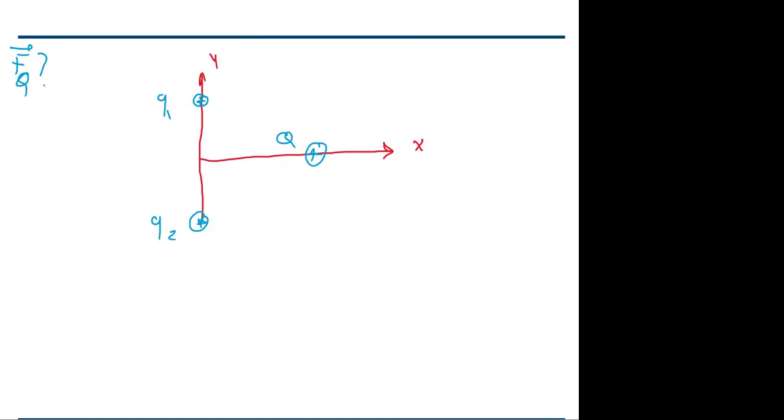Let's start step by step. As we said before, Q1 exerts a force on capital Q. This force is repulsive because the two charges are positive. So this is the force exerted by Q1 on capital Q. Charge Q2, the same thing, exerts a force on the charge Q, which is also repulsive because the two charges are positive.